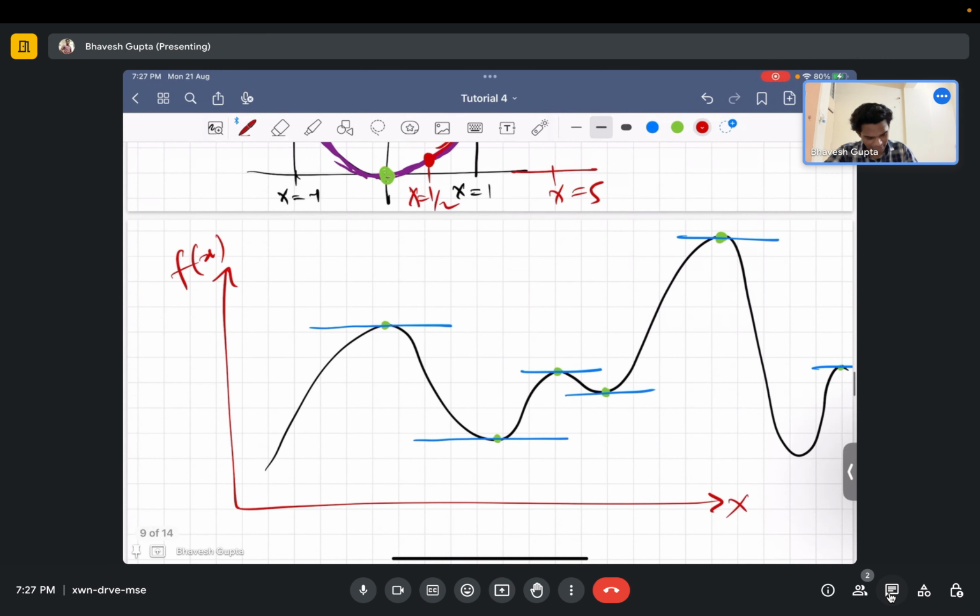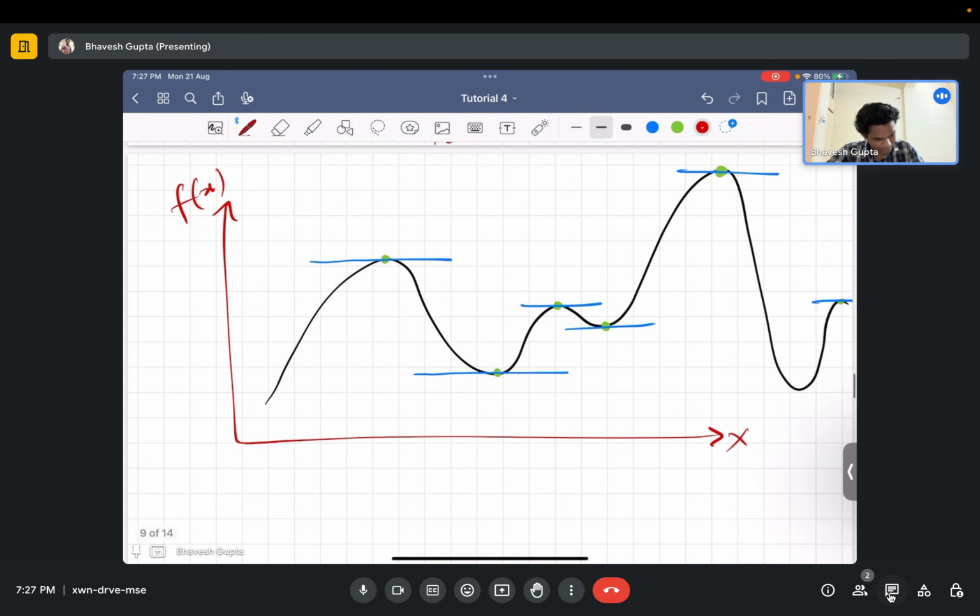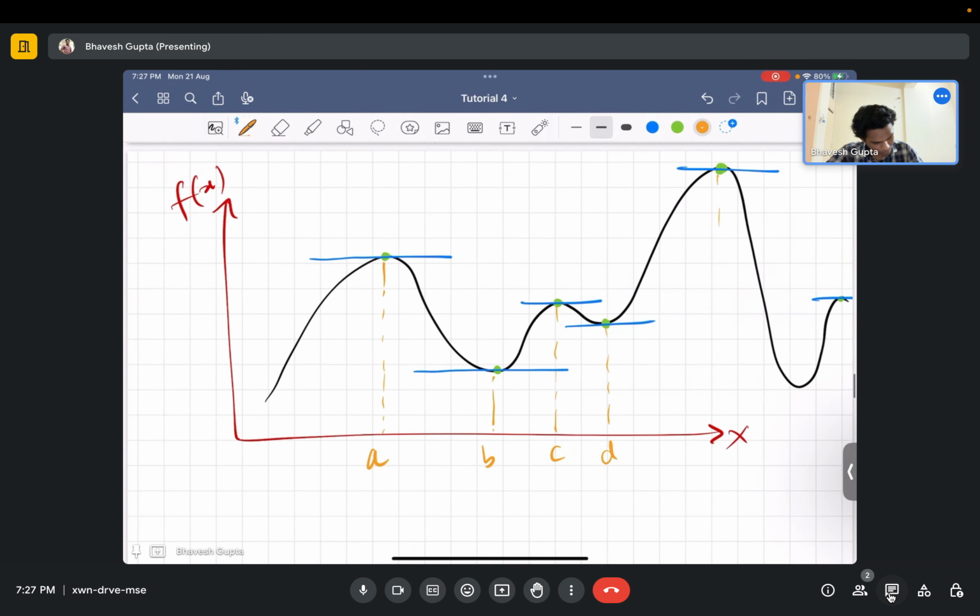Let's say this is the set of points A, B. What do I see then? Over here, the slopes, the derivatives at that particular location, turn out to be 0, for all these points.